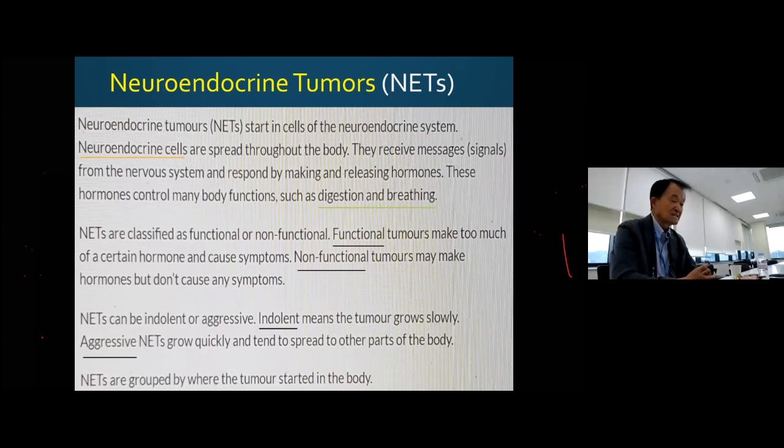So let's take a 10-15 minute break. Go take some water or restroom, whatever, and then come back in 15 minutes. And we'll start with neuroendocrine tumor.